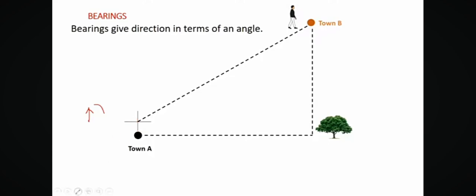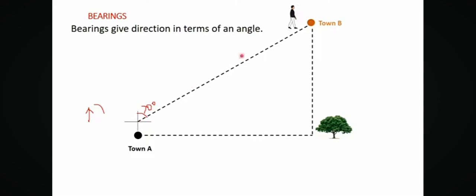So in this case, the angle that will be created here, the one we assumed as 70 degrees, is called the bearing of Town B from Town A. So the angle that is used to give the direction is what we refer to as the bearing.